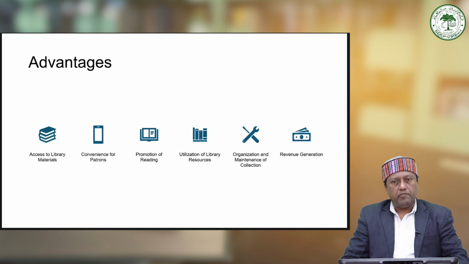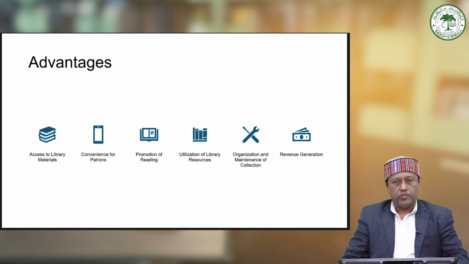Next, we'll discuss the advantages. This section offers various advantages contributing to the efficient operation of the library and enhancing the experience for both patrons and staff. The biggest advantage here is access to library materials. The circulation section facilitates the borrowing and lending of library materials, ensuring that patrons have access to a wide range of resources for their educational, informational, and recreational needs.